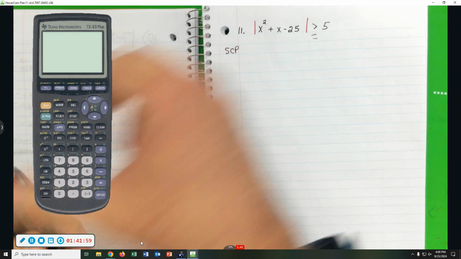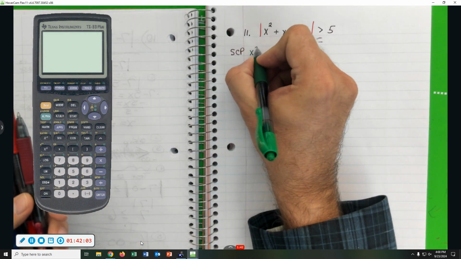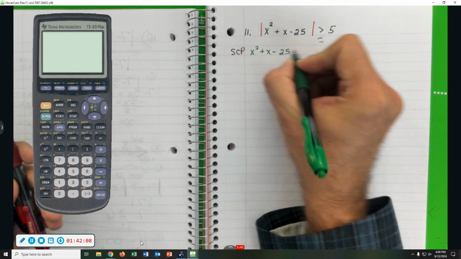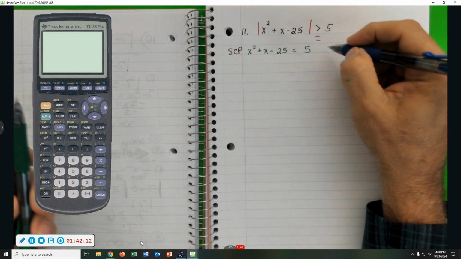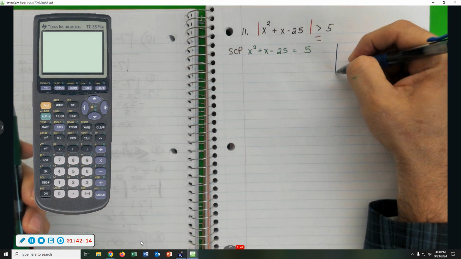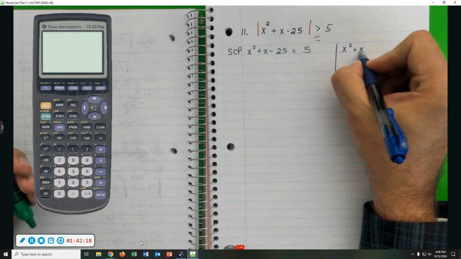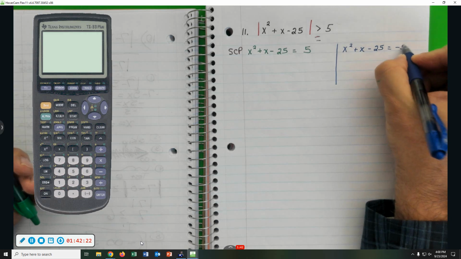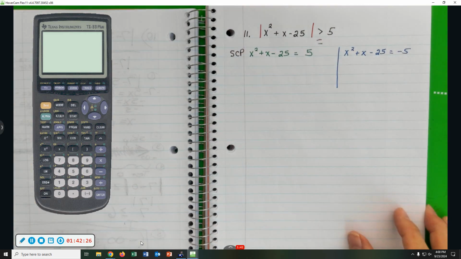So x squared plus x minus 25 equals 5, or x squared plus x minus 25 equals negative 5. So we set it equal to positive, equal to negative.